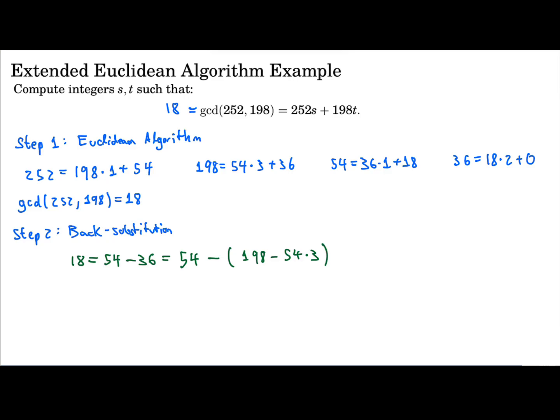And we can write this out as 4 times 54. So it's 54 minus 3 times 54, so 4 times 54 minus 198. But now we can go and replace this 54 in this equation over here.